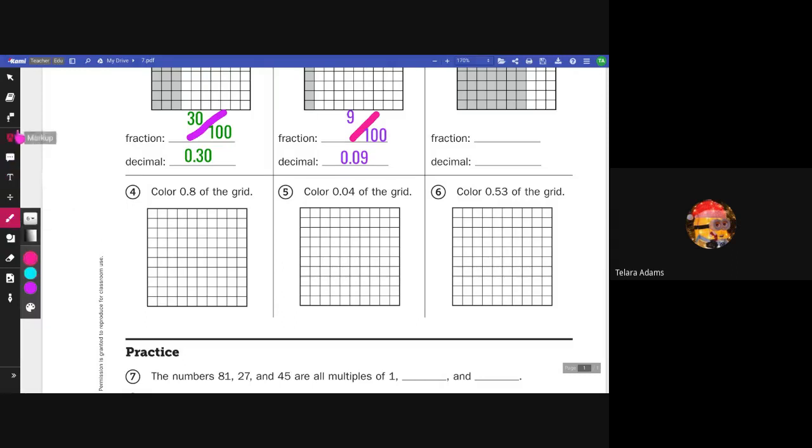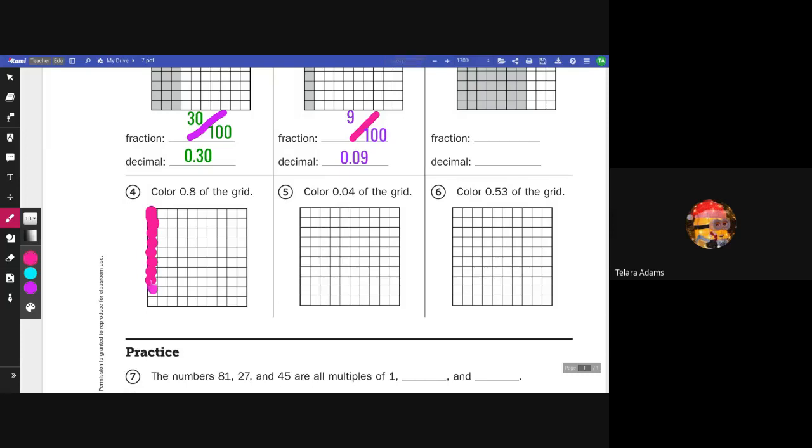If we are going to color 8 tenths of the grid, how much would we color? Would we just color 8 squares? Let's try that. I'm going to use my drawing tool. 1, 2, 3, 4, 5, 6, 7, 8.